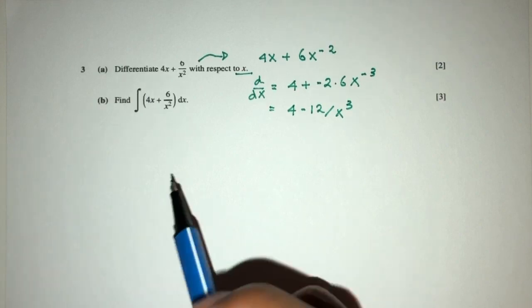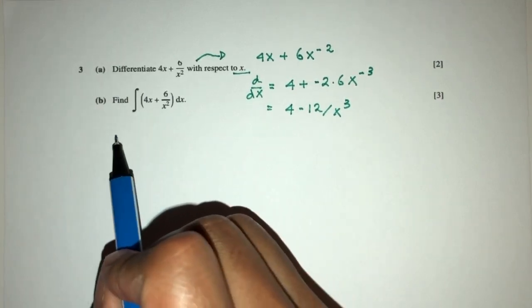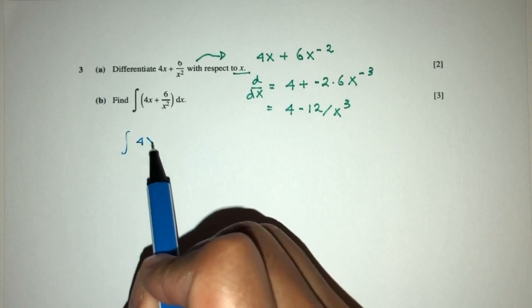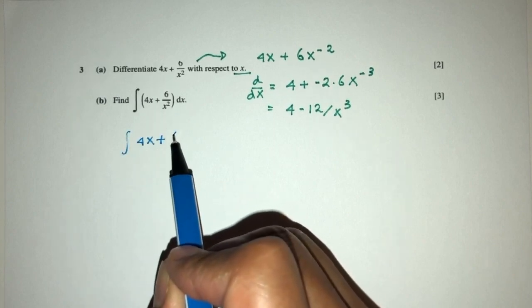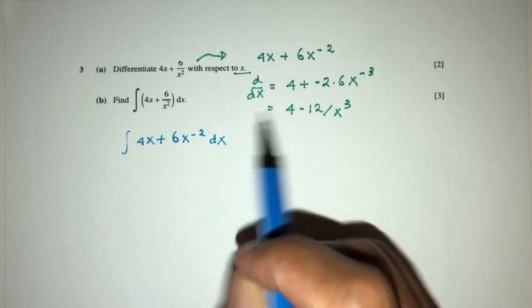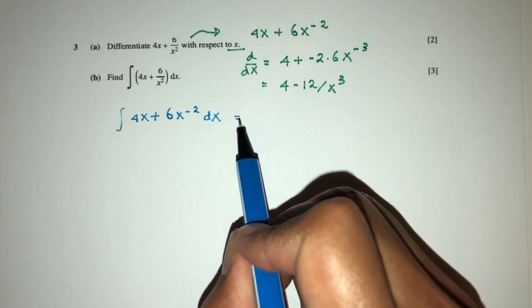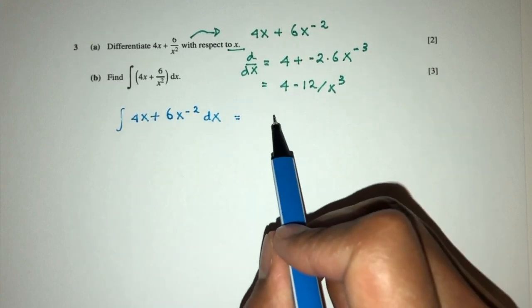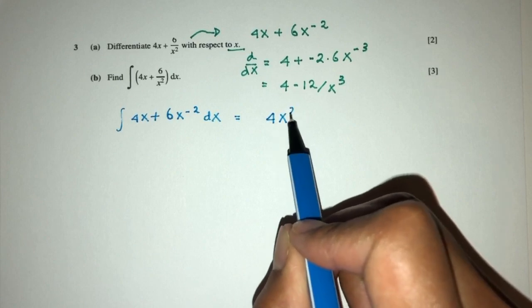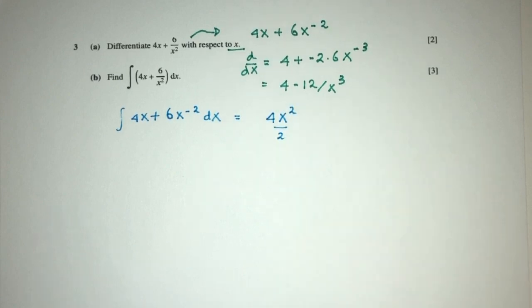Now for part B, we have to find the integration of 4x plus this. Let's replace it: integral of 4x plus 6x to the power minus 2 dx. Simplify. Here we have 4x, so 4 is 4, and we increase the power by 1, that will be 2, divided by 2 power.